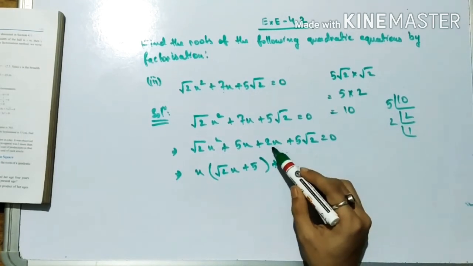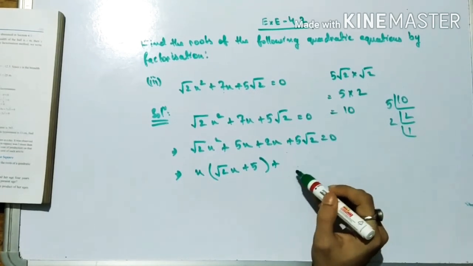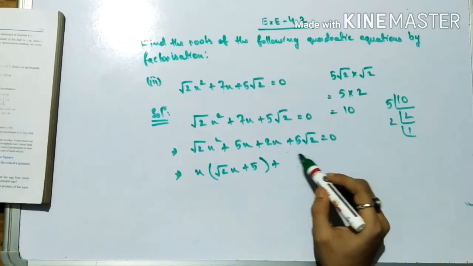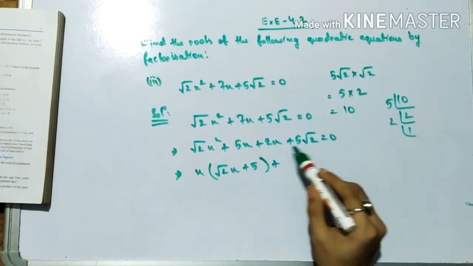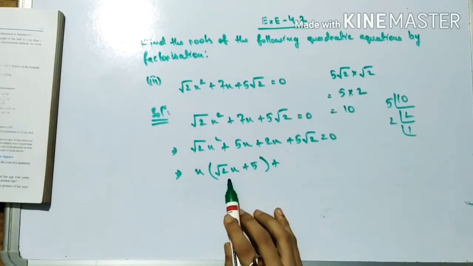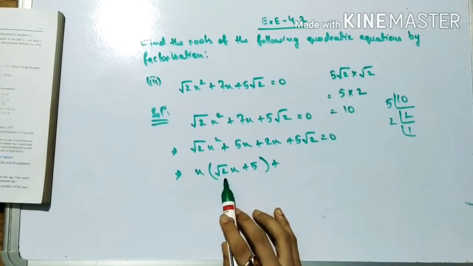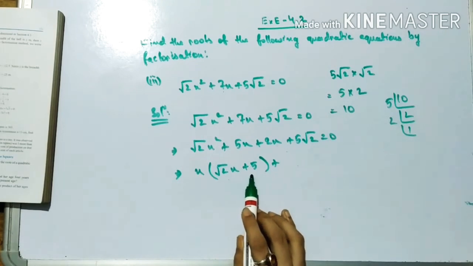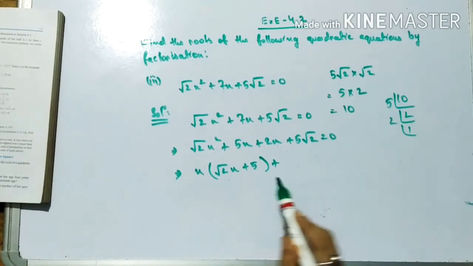This is your 5 root 2. From here I took root 2 x plus 5.